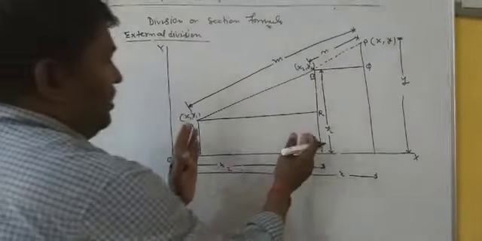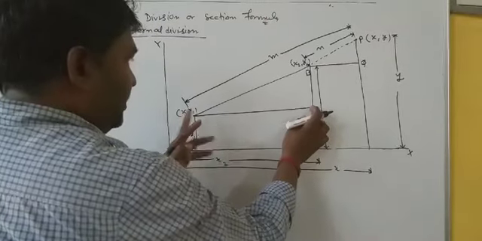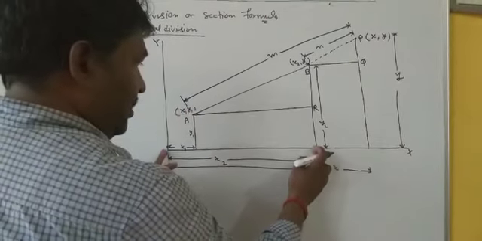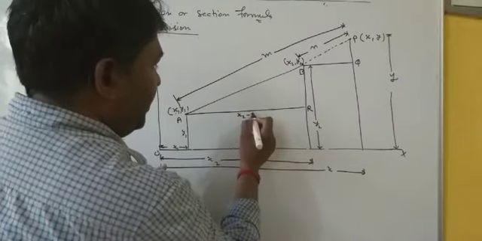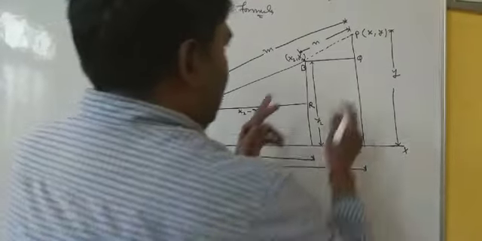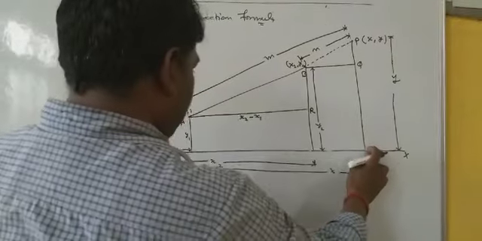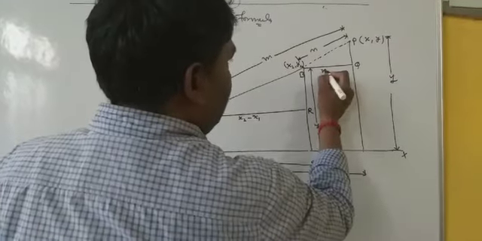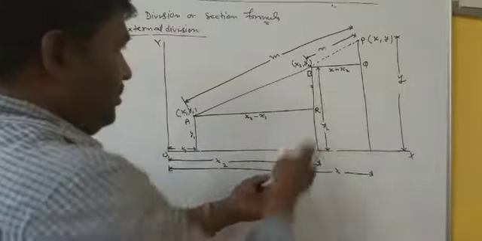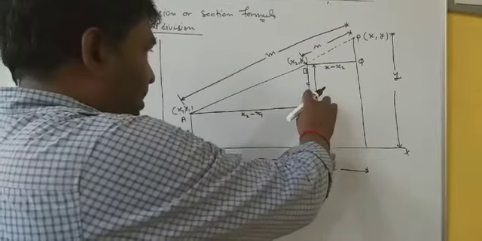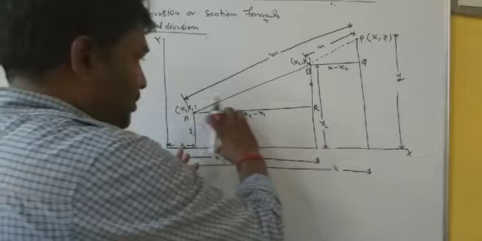Now from the diagram it is obvious that what is this distance? Here this total is x2, this is your x1, therefore this is your x2 minus x1. And how much this one? This total is x, this is x2, so this is x minus x2. Similarly this one, this total is y2, and this much equal to this one, since these two are parallel.